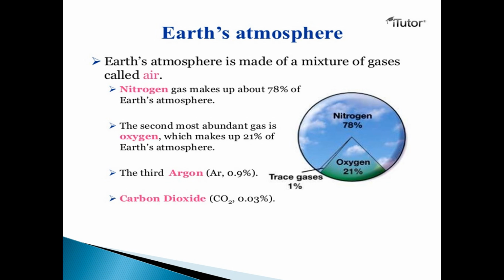The gases are divided into two separate groups according to their importance. They are main gases, and the rest are trace gases. Main gases are mainly four: nitrogen, oxygen, argon, and carbon dioxide. They cover most of the part, almost 99%, and the rest one percent is covered by trace gases.